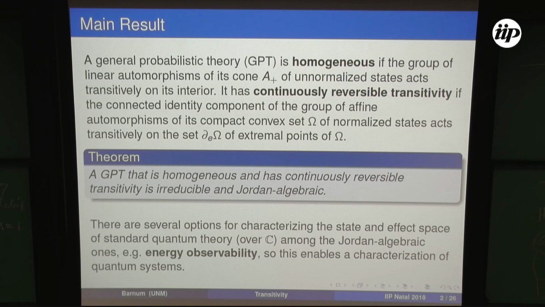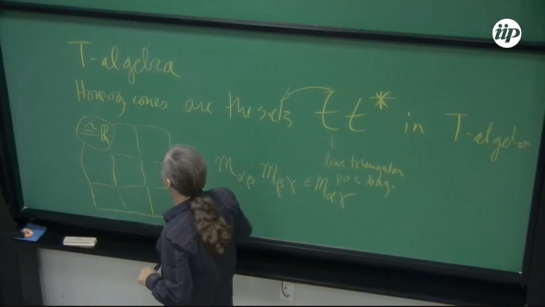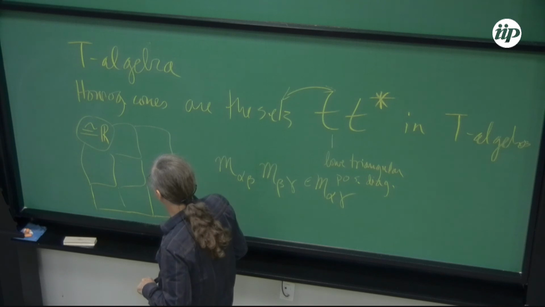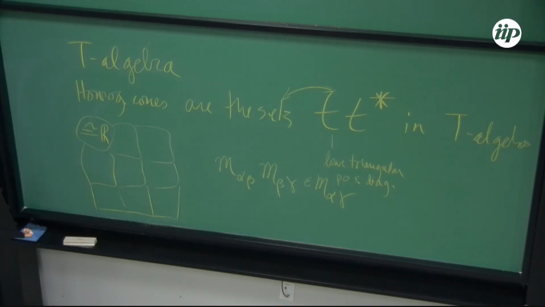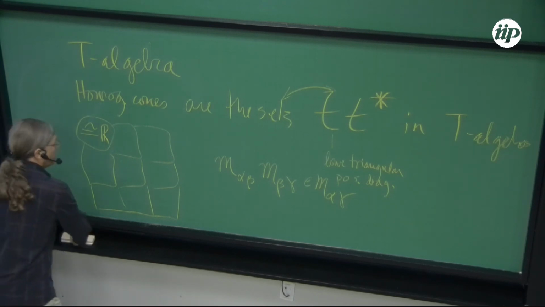Triangular matrices associate with lots of stuff. I'm not going to go into these associativity axioms, but let me just tell you what they are for a homogeneous self-dual cone.